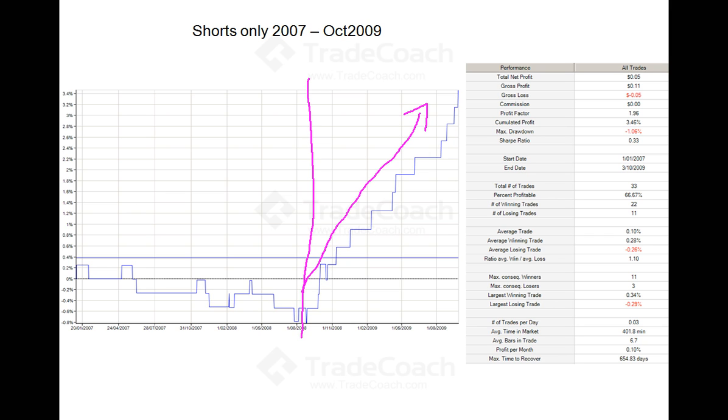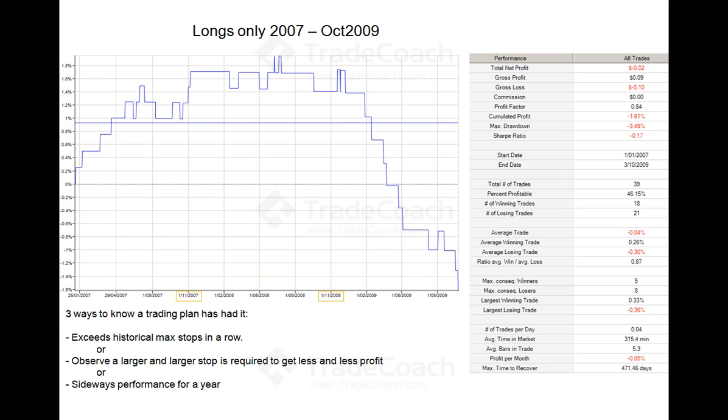And it became more evident when we looked at the longs. But what this also shows us when we study these other periods is this currency pair in its entirety did a slow shift. It didn't happen quickly. It was a very slow shift in its overall direction, and it affected the underlying system.